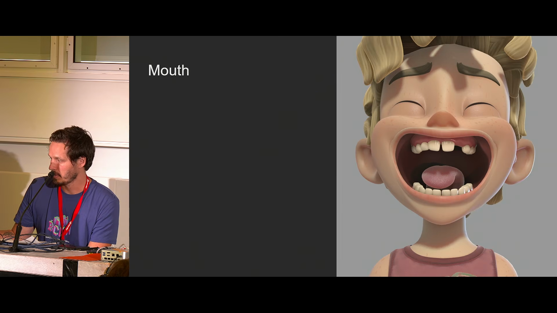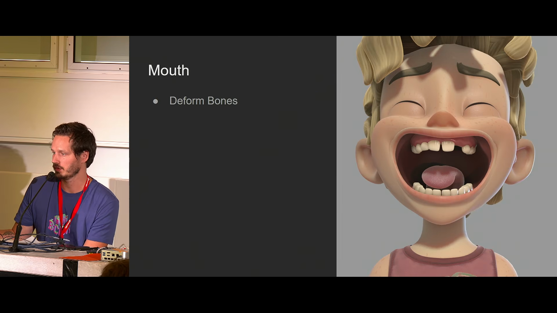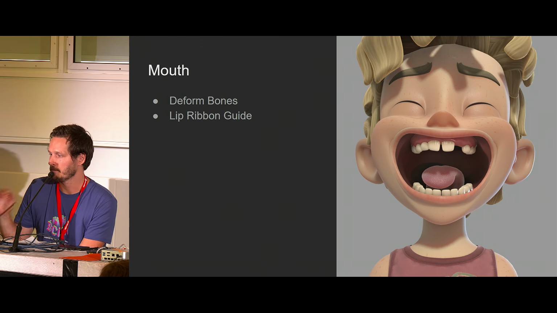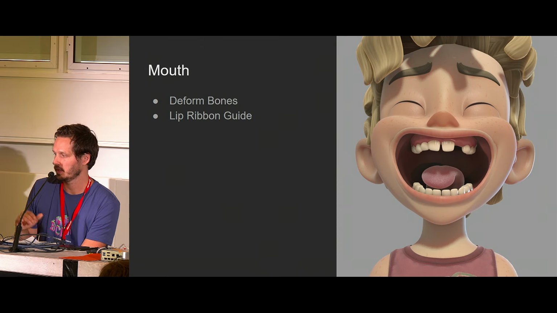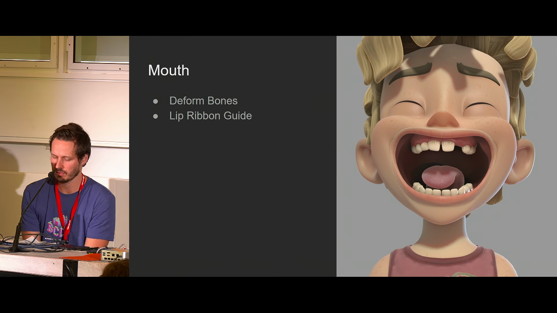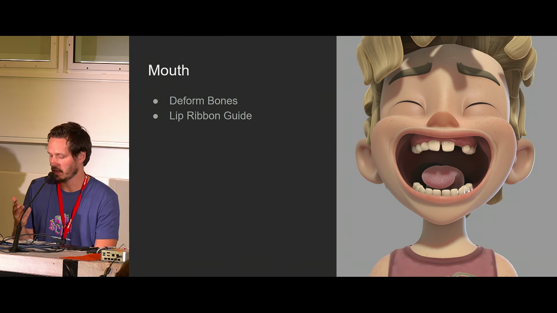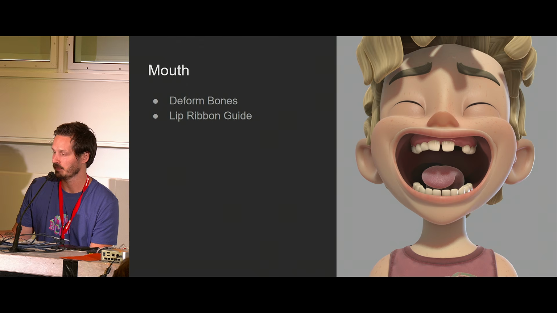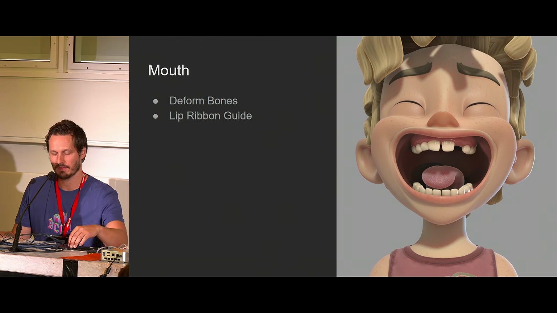So, talking about the mouth. The mouth consists of deformed bones as a base, like the jaw. It uses a lip ribbon guide, and this is where I initially wanted it to be fully shape keys, but I found it lacking, it lacked a lot of flexibility basically.